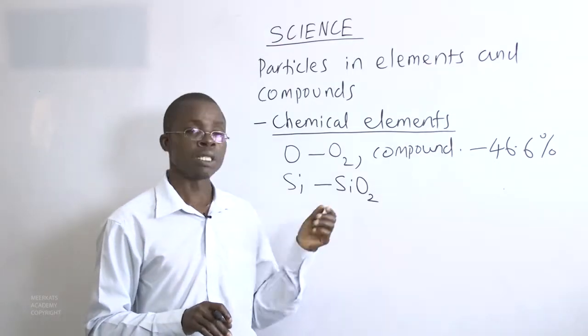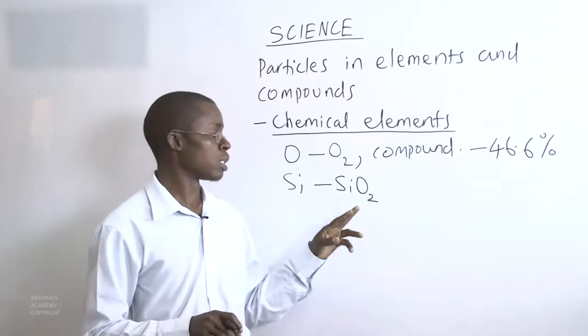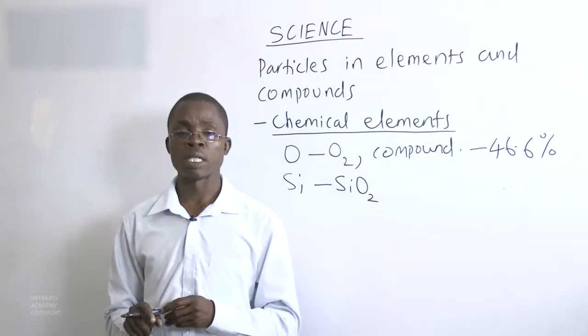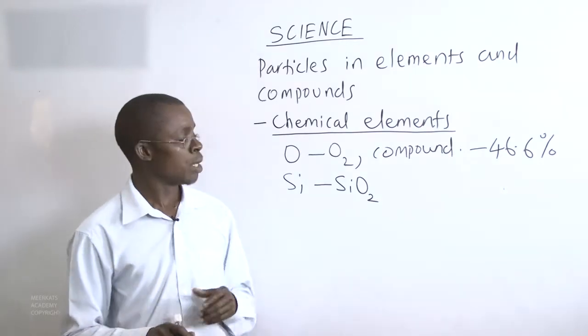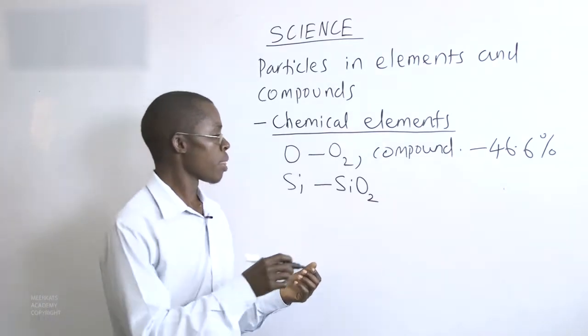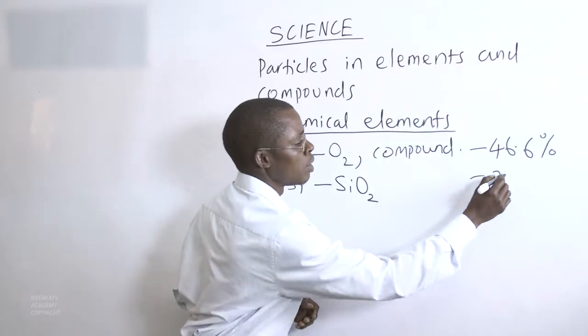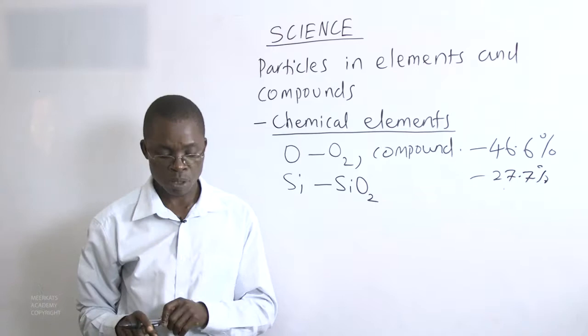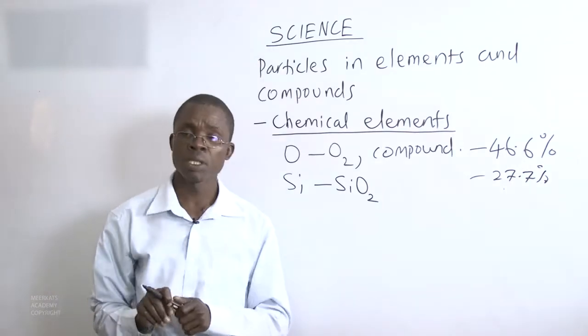And what is sand? It is silicon oxide, which is a combination of silicon as an element and oxygen as the other element. The percentage composition of this one is 27.7%. That's a very big percentage.